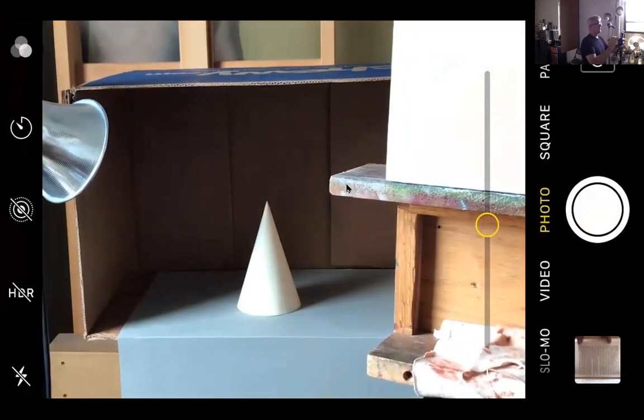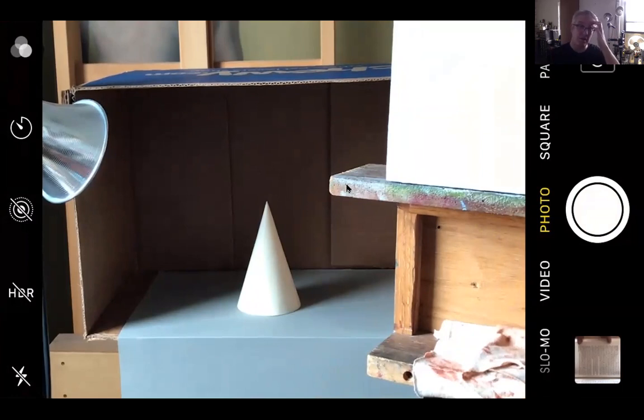I have my cone set up in my box, and as people can see, all I have on that cone right now is the light of the window. I have a studio that has north light. It's indirect light, and it stays the same all day.